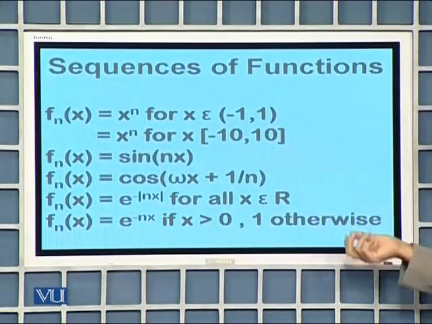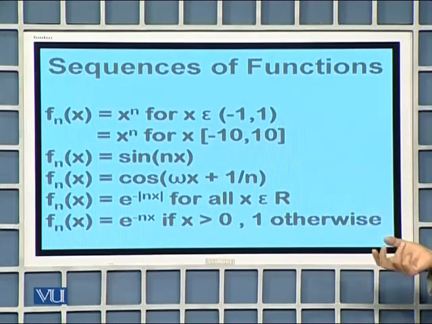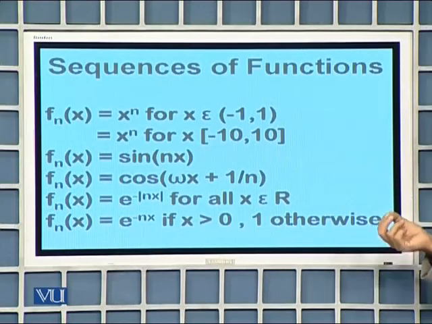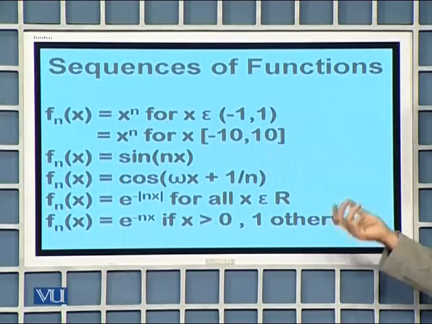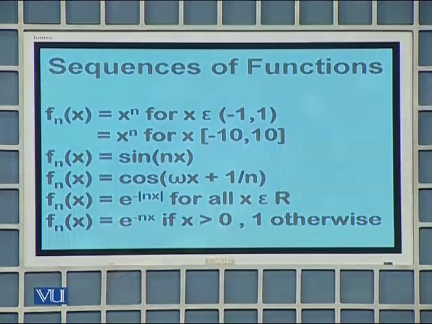The value of the second function will be 5 square. The third function will be 5 cube, and so on. So the sequence of numbers for domain value equal to 5 will not be convergent. Hence, this sequence of functions for this extended domain of -10 to 10 is not convergent.